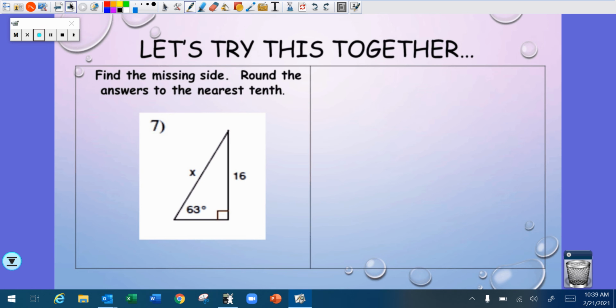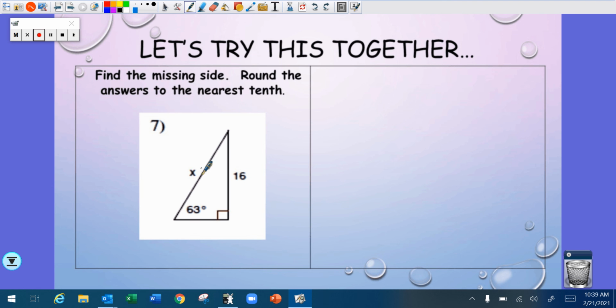Okay, so now my even and odd classes, let's go ahead and talk about these questions. My odd classes started on this sum. My even classes, you should have started on it from the other video, but we'll start together here. It says find the missing side, round the answer to the nearest tenth. Well, normally if this is a right triangle, I would try to use Pythagorean's theorem.